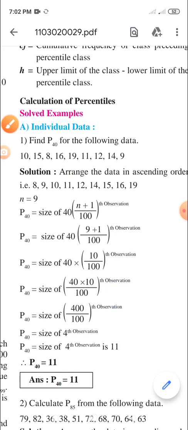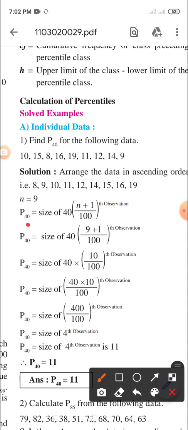So write down the formula of P40, because we want to calculate P40. P40 is equal to size of 40 into bracket n plus 1 upon 100th observation.